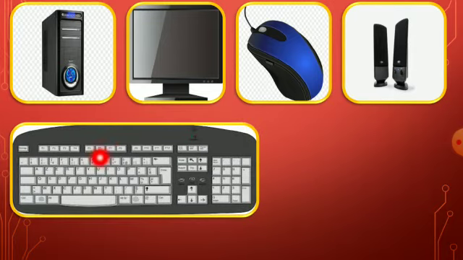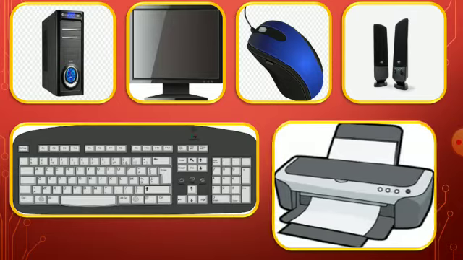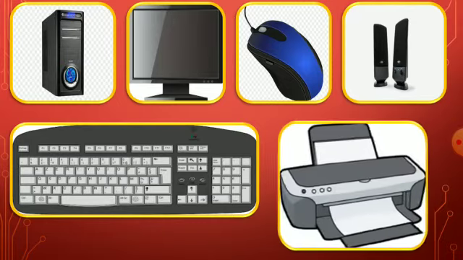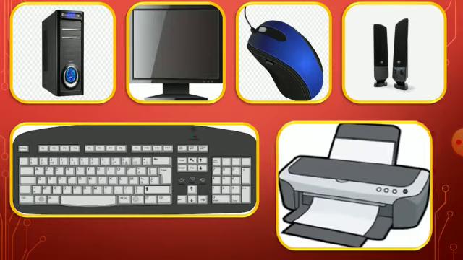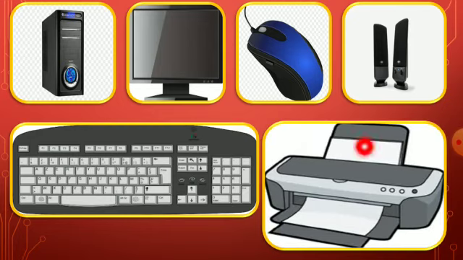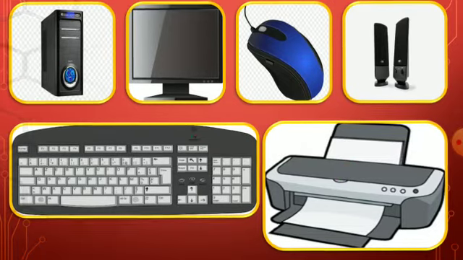This is keyboard. Which part of computer is this? Keyboard. Now let's have a look at the last part that we have learned of a computer, and here it is. This is printer. Okay, well done. Very nicely learned.